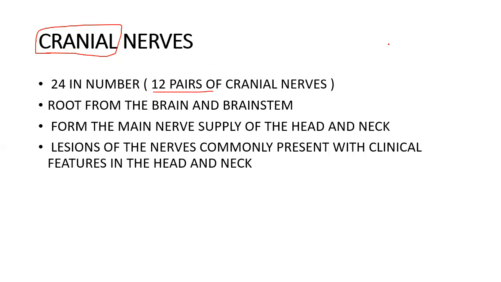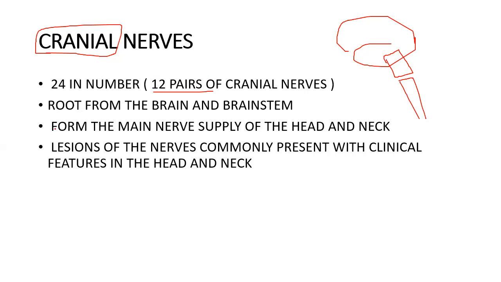Generally, our central nervous system, as we know, is divided into a brain, and a part that is called the brain stem, and then from there, we have our tail-like spinal cord that extends downwards. So anything that's coming from the brain stem and also the brain, those collections of axons are the cranial nerves, and they're 24 in number, being 12 pairs.